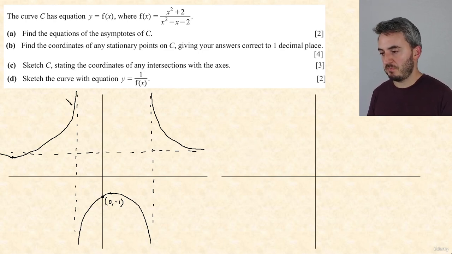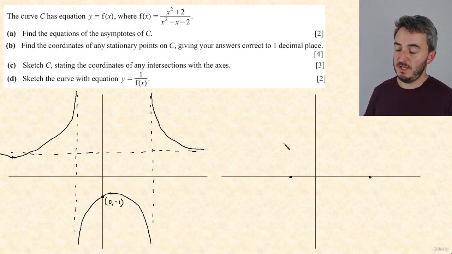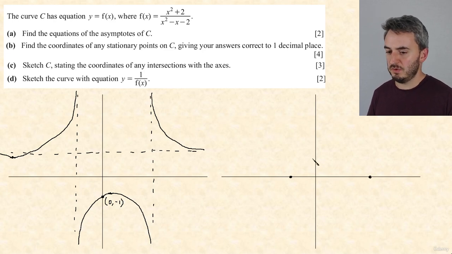Here's what I mean by that. Any time where your original function was racing towards infinity, our reciprocal function is racing towards 0. So I'm going to get an intersection here and an intersection here. Anytime your function is positive here, it's positive here, but the bigger it is here, the smaller it is here.